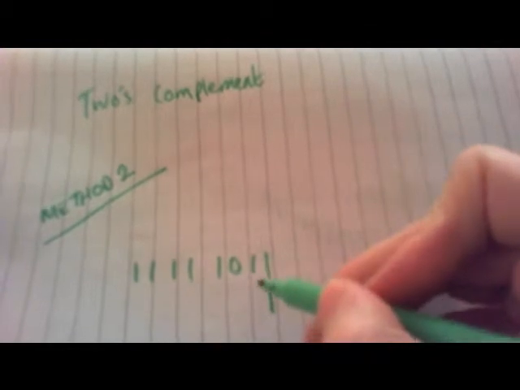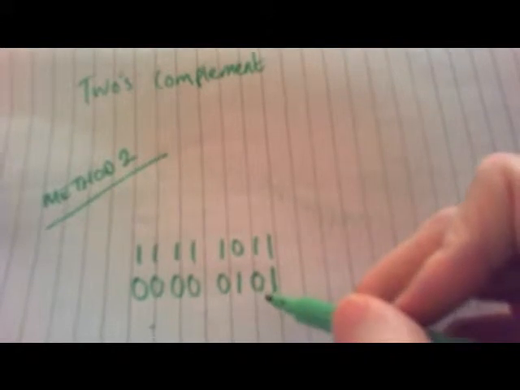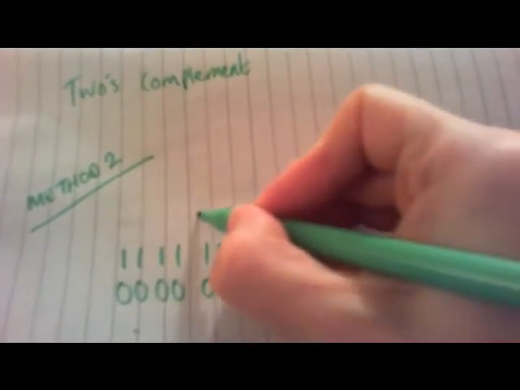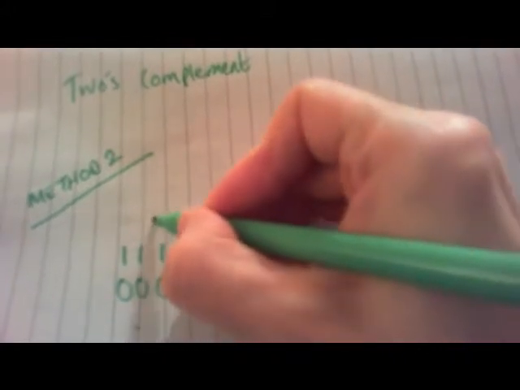Now every other bit to the left is flipped. So if it's a 1, it becomes a 0, and if it's a 0, it becomes a 1. So we flip them. We now use the bit values at the top to work out the number.